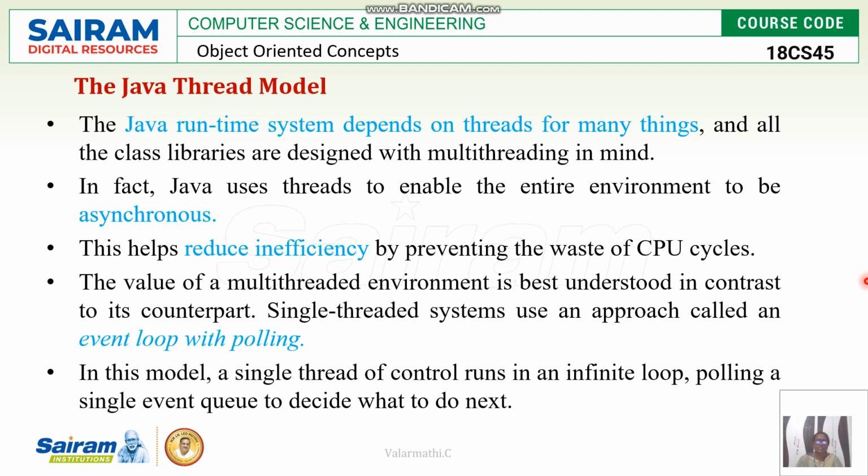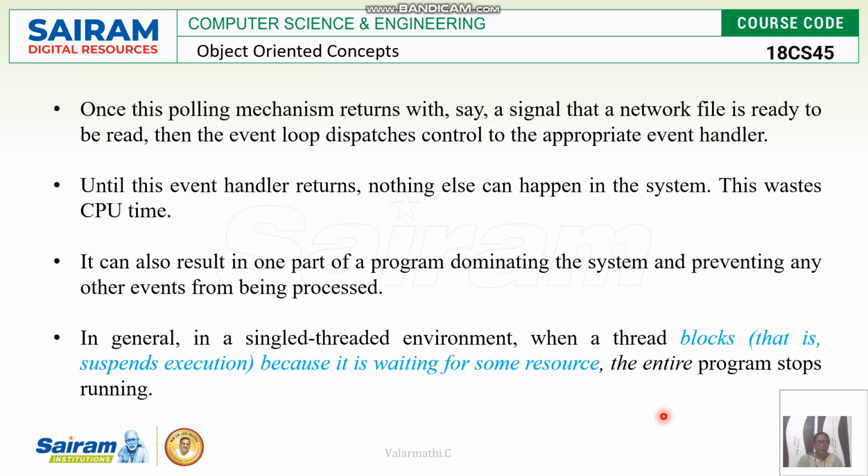So the Java runtime system depends upon threads for many things, and all class libraries are designed with multi-threading in mind. In fact, Java threads are used to enable the entire environment to be asynchronous. In this model, a single thread of control runs an infinite loop, polling a single event queue to decide what to do next.